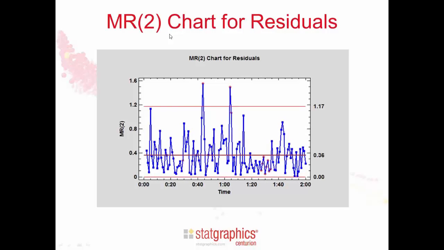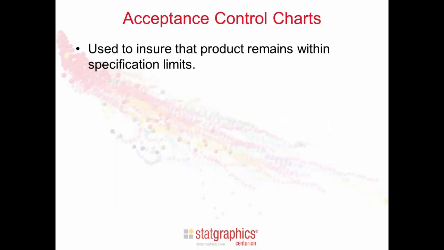Incidentally, you can also do a standard MR2 chart on the residuals to go with the other control charts, monitoring directly the magnitude of the variability, the sigma, if you like, in the model, to detect, for example, changes in the underlying variability. Okay, well, that's an interesting type of chart.